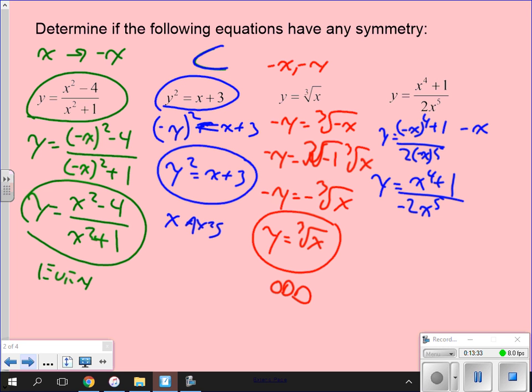If I replace x with negative x, I don't get back the original problem. It is not symmetric around the y-axis. Didn't think it would be anyways. Pretty much the only ones that are so is where your y is squared or you have an even root. There are some other odd ones like that. So that doesn't work.